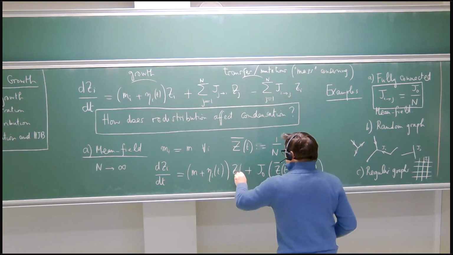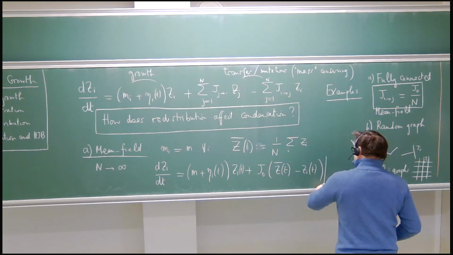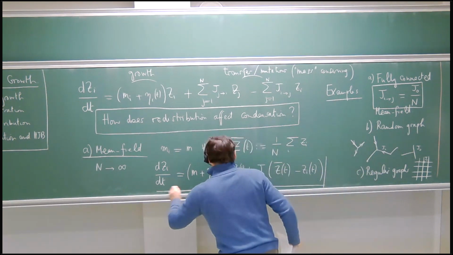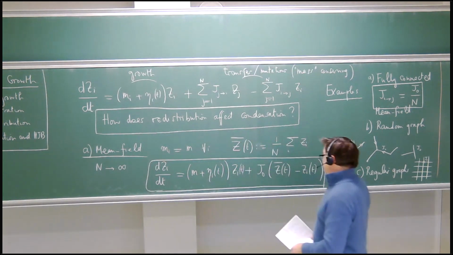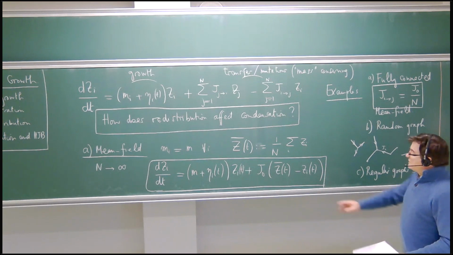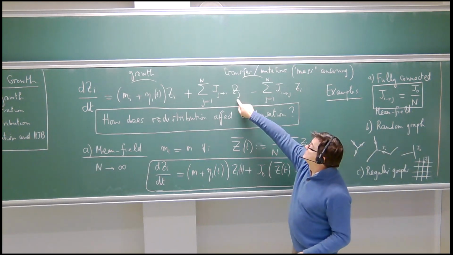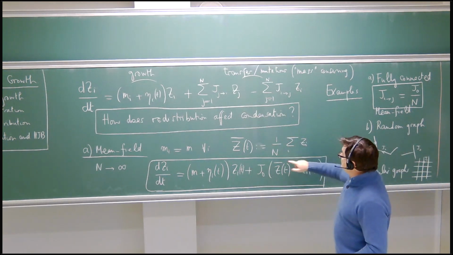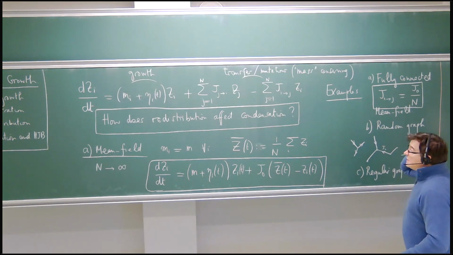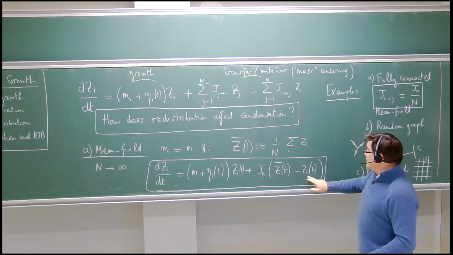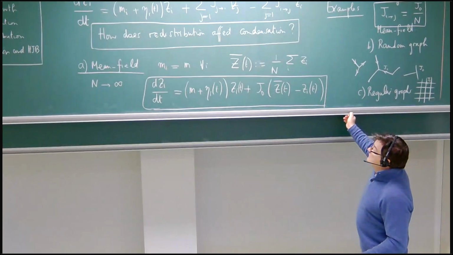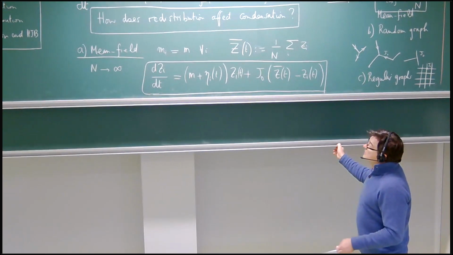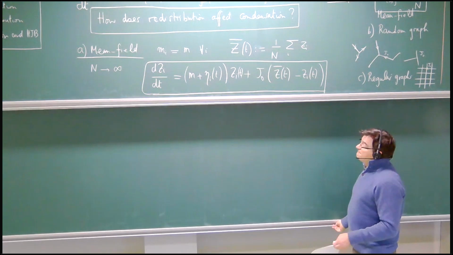Okay. So again, this term here comes from that one, which exactly reproduces this object, and this term is that one. Okay, so that's the equation I'm going to study now.